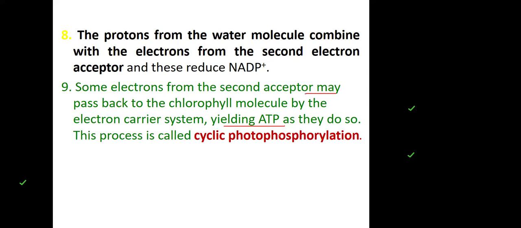So the plant has two options, or two pathways. It can carry out both. We are not really told when cyclic photophosphorylation occurs and when non-cyclic occurs. But what we know is that either of them can happen.